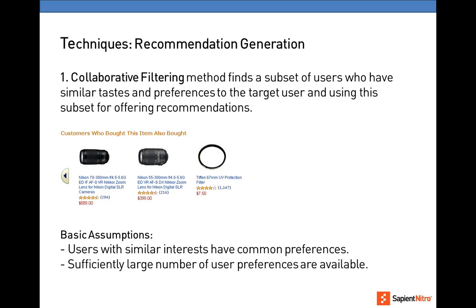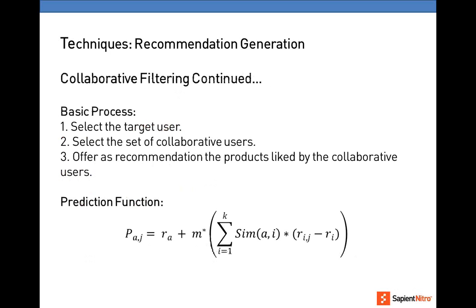Then if user B, or any collaborative set of adventurous people, liked or did, let's say, paragliding or skydiving, then it means that our target user, which is user A, will also like it, and we will recommend paragliding or skydiving to him. And the second assumption is there should be a sufficiently large number of user preferences available in the system for which we are going to build this recommendation system. Otherwise, we won't be able to create the collaborative user set.